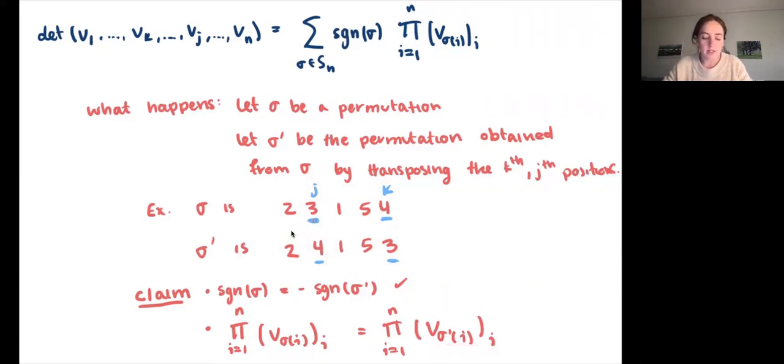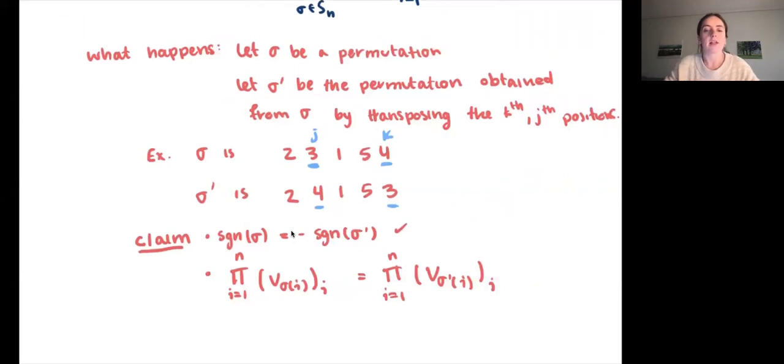But since these two vectors are the same, we'll end up with the same number in that entry. So the contributions corresponding to those two permutations to the determinant are equal.